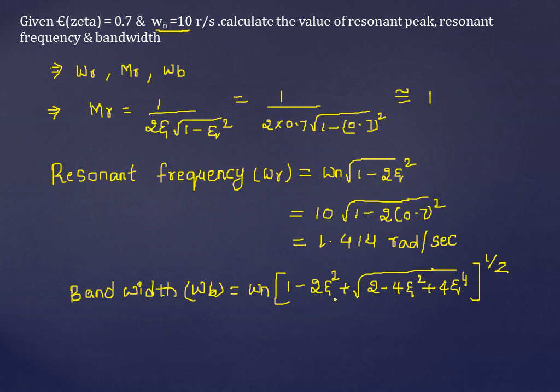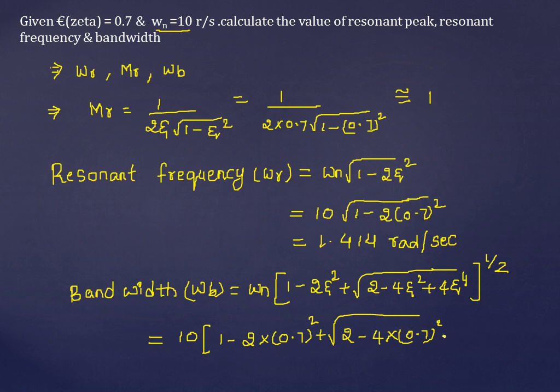Substitute the omega n and zeta values in the equation: 10 into 1 minus 2 into 0.7 whole square plus square root of 2 minus 4 into 0.7 whole square plus 4 into 0.7 whole power 4, whole power 1 by 2.